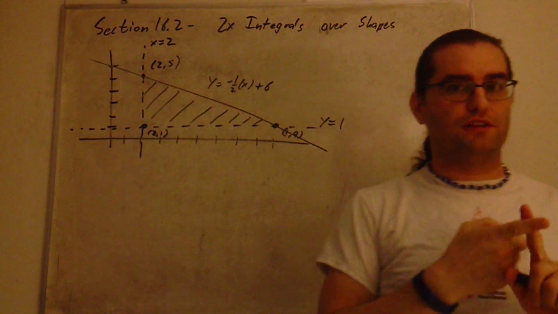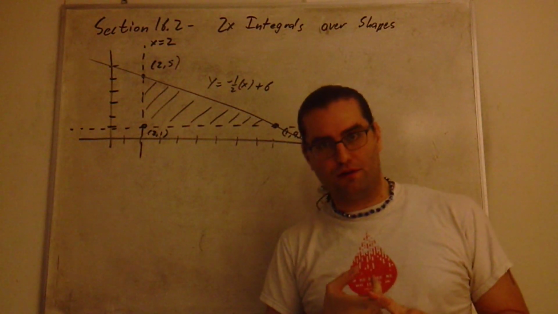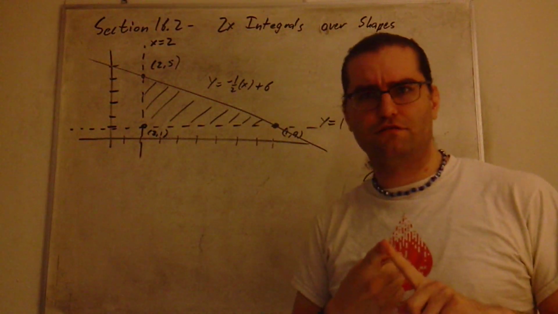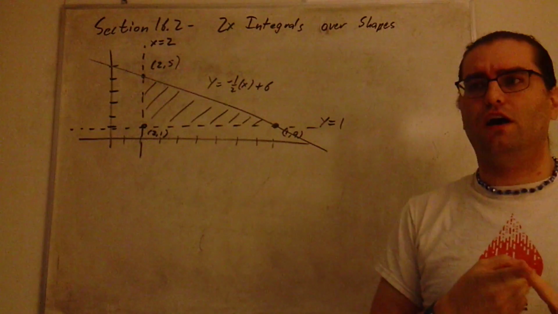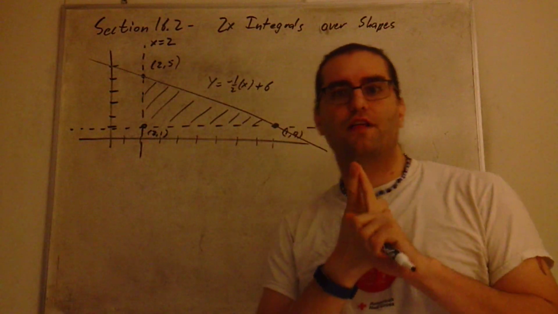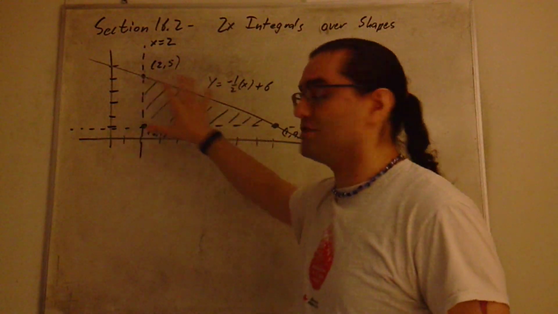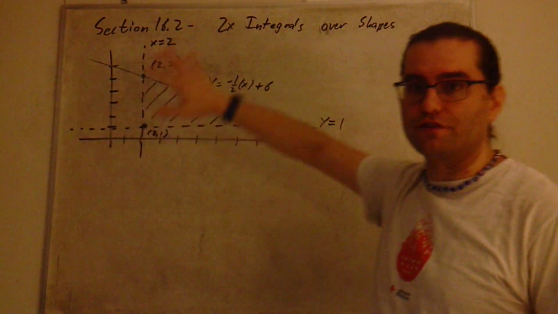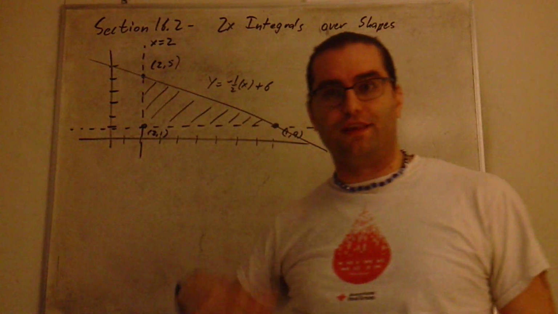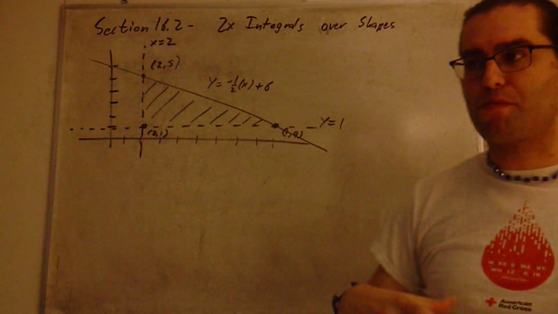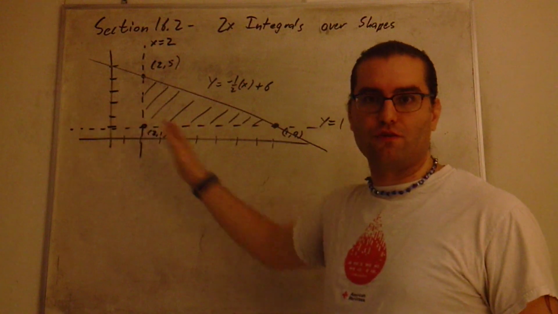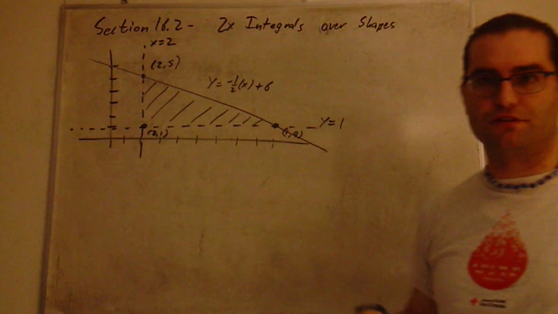The second part is going to be when we actually evaluate that double integral, which is going to be super exciting. That part, honestly, is not changing much from what we did in the last section. That's where the actual function you're integrating matters, the surface above this area. That will matter when you actually start evaluating the integral and getting your volume here. But it doesn't have anything to do with defining the region or the boundaries or setting up your integral.